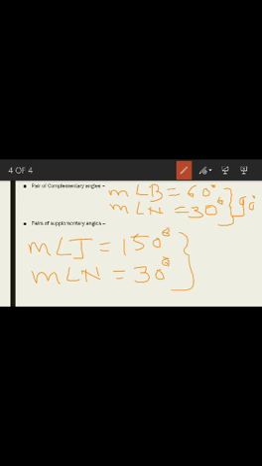After adding, we will get 180 degrees. So if we add both the measurements of angle J and angle N, we get 180 degrees. That is why angle J and angle N are a pair of supplementary angles.